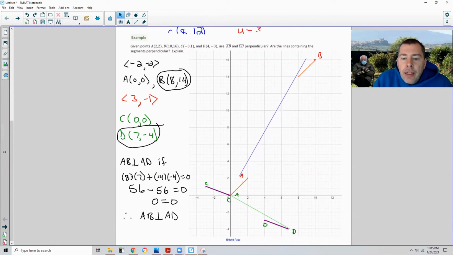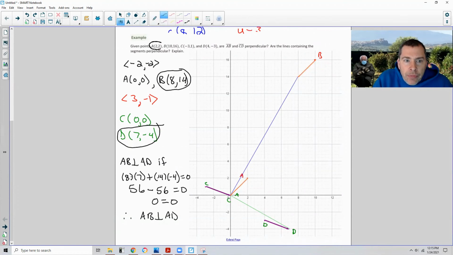I moved it left 2, down 2 to get it to the origin. And that is what I did to my point A. So notice where A was, and notice our vector shift. So we are just subtracting the A values to get our segments to the origin.